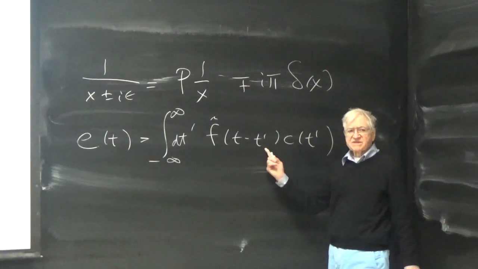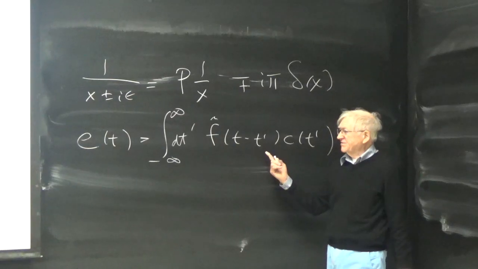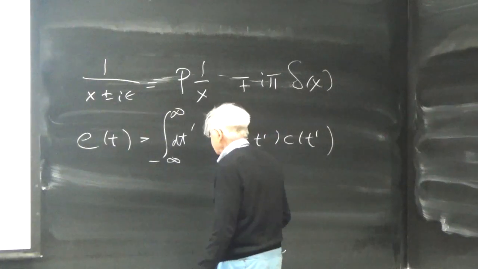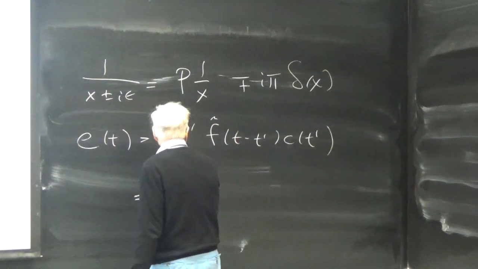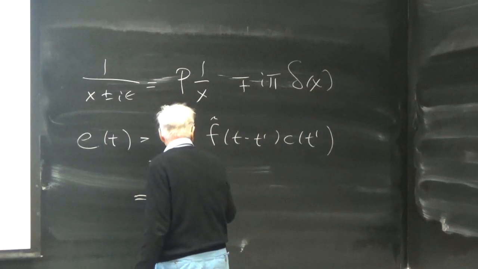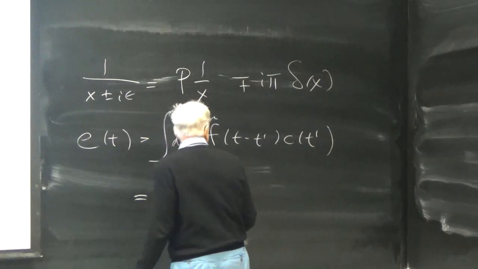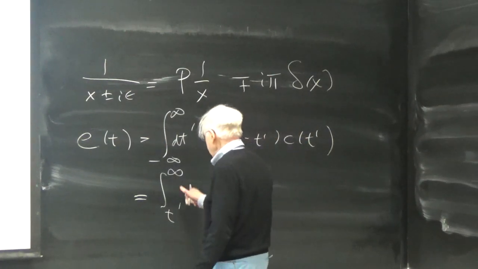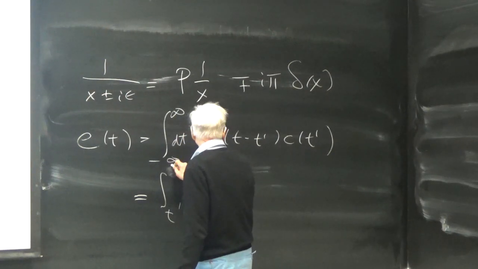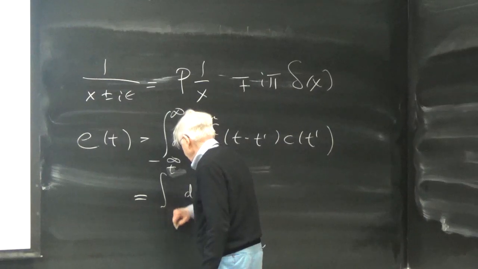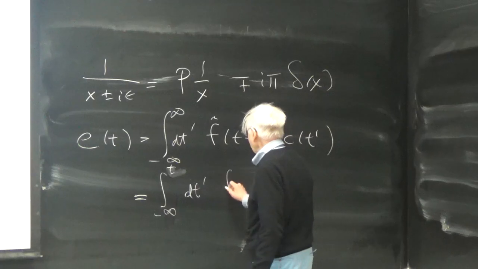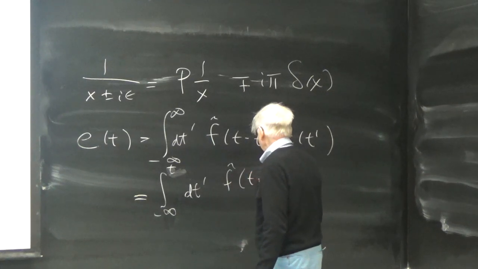But when we say a system's causal, we mean that the effect has to follow the cause, and so this would be an integral from t prime to infinity. I'm sorry, it would actually be an integral from minus infinity to t of, say, f.